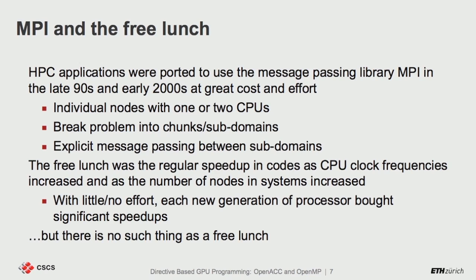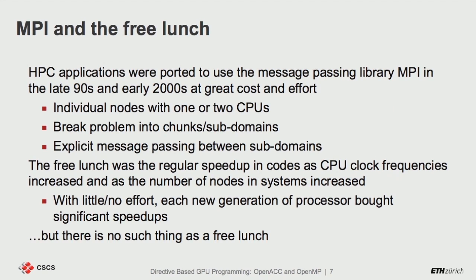We split our problem into different chunks and sub-problems. Each node solved its sub-problem, communicated its result to the other nodes, and the other nodes went on with the subsequent steps.